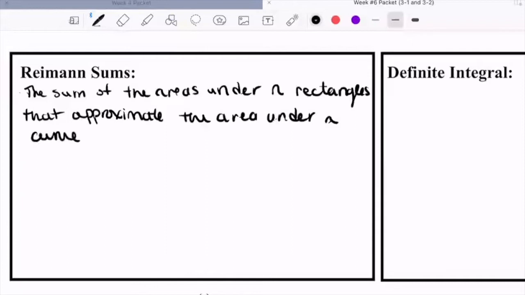And we always want to give the area that we're looking at bounds, so we'll say a curve on a to b.